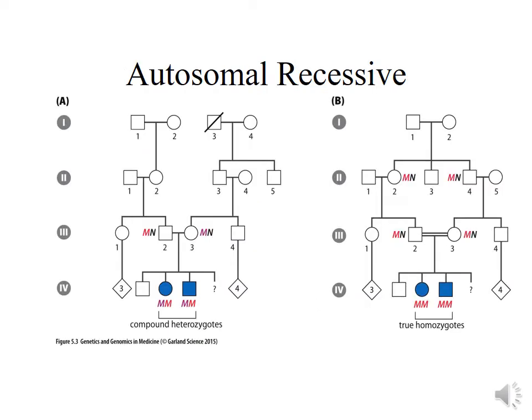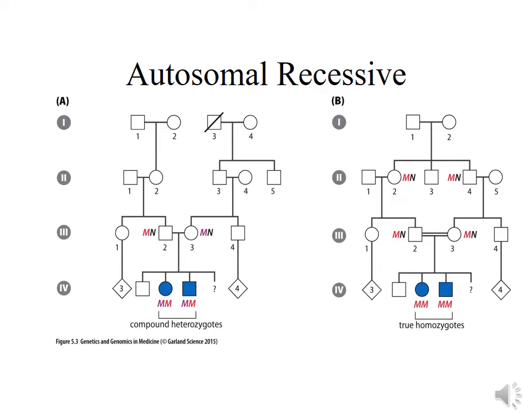Autosomal recessive pedigree. A person affected by an autosomal recessive disorder can be of either sex and is typically born to unaffected parents who are heterozygotes. The parents would be described as asymptomatic because they are carriers of the mutant allele, and they have 1 wild type allele, and thus they are unaffected.